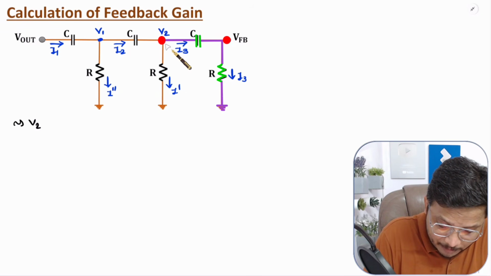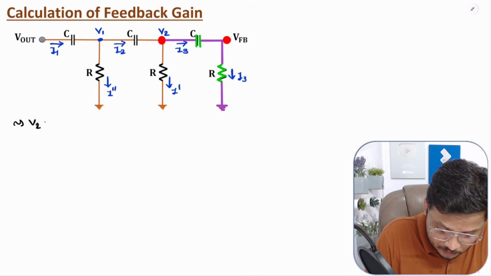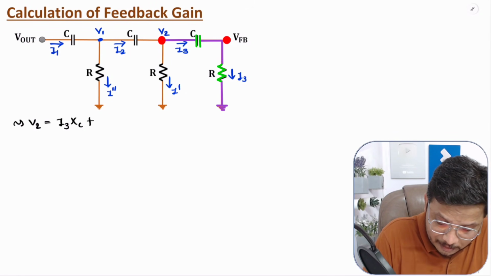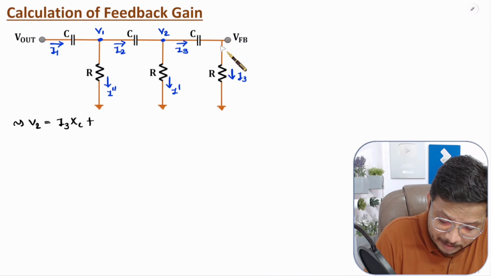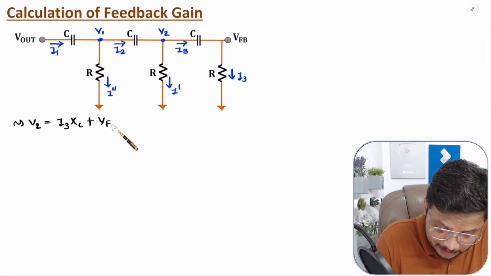This V2 will be I3 into the impedance of this capacitance, so V2 is I3 into XC plus I3 into R. But this I3 into R is the VFB voltage.